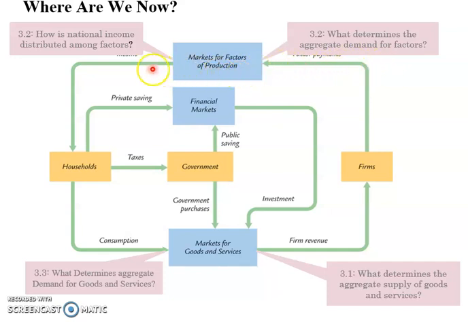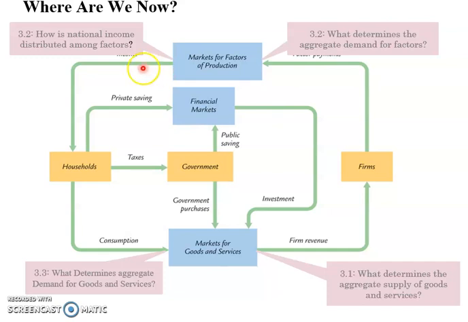And because all of the factors of production are supposed to be held by the households, once the firms decide how many units of each factor they want to use, then households would know how much income they would be able to make by providing these factors of production.